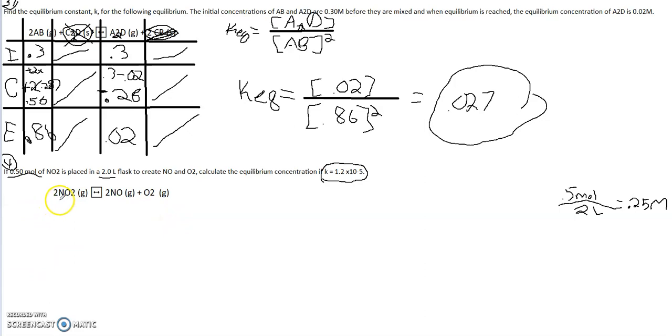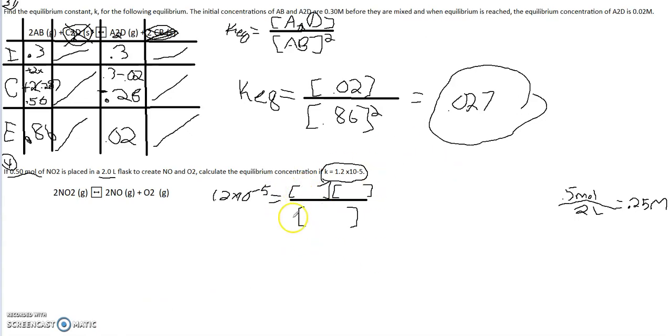Looking at it, 2 N's on this side, 2 N's on that side, 4 O's on this side, 4 O's on that side. Congratulations, we are balanced.